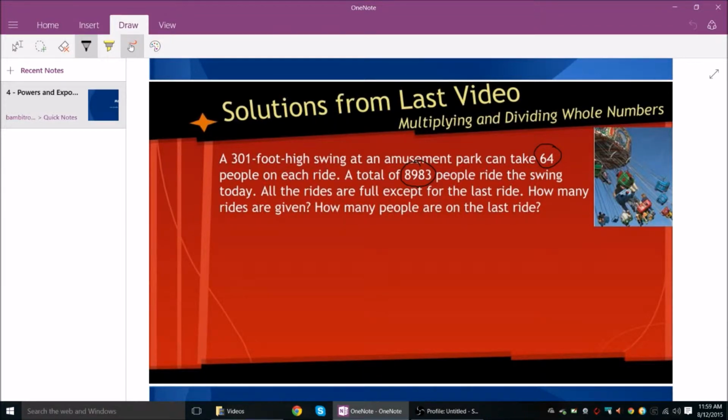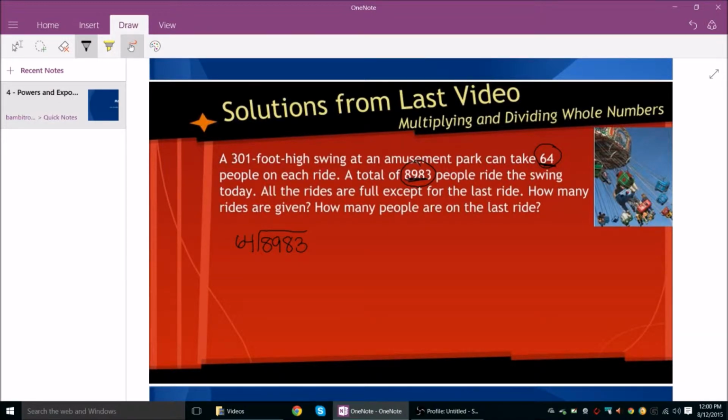Since we've got a total amount that we want to break up into equal parts, we are going to be doing division. And the fact that it tells us that the last ride isn't completely full keys us into the fact that we're going to have a remainder. And that's going to tell us how many people are on that last ride.